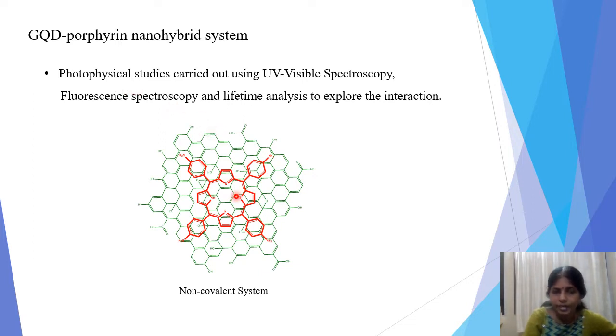We tried to explore this type of material since it can find application as a photosensitizer in dye-sensitized solar cells. And we expect a type of co-sensitization phenomenon working in this material, which could improve the efficiency of the DSSC compared to one-component systems.